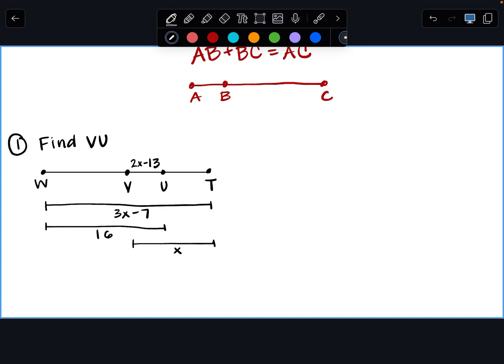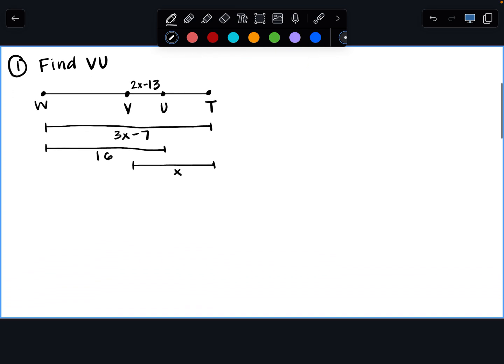We have to come up with an equation that allows us to solve for x. So what you have to do is find two parts that make a whole, and sometimes you're going to have to subtract a section.